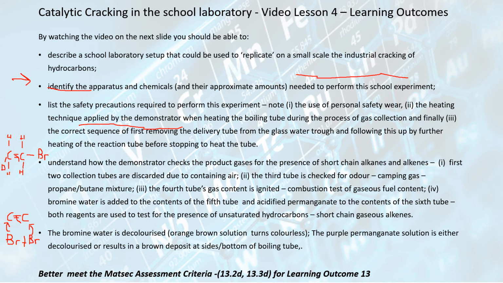I can't really show this all that clearly because I'm very limited by the screen space. But basically, you have a bromine atom attaching to carbon atom number 1, and another bromine atom attaching itself to carbon atom number 2.